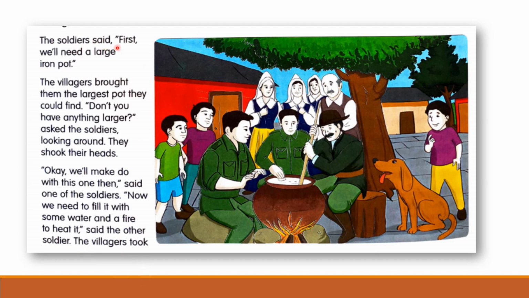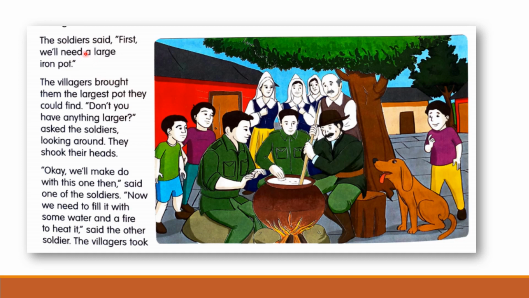The soldier said, first we'll need a large iron pot. The villagers brought them the largest pot they could find. Don't you have anything larger? asked the soldiers, looking around. They shook their heads.